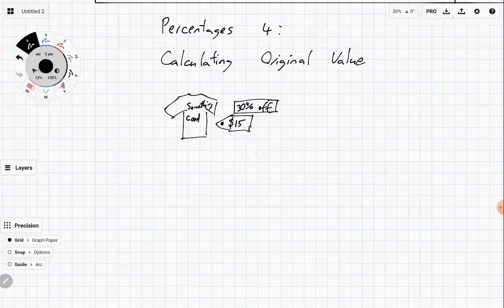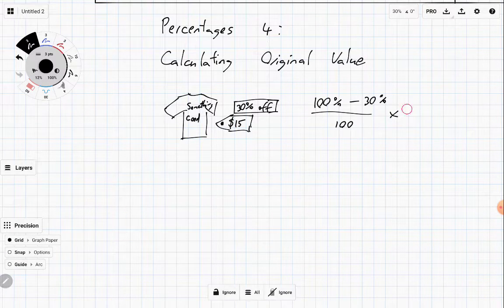Well, 70%. So since we've taken 100% and we subtracted off 30%, right, over 100 times something. That's the big question. Let's call it V for value, right? This is the calculation we would have done to actually get the $15, right?